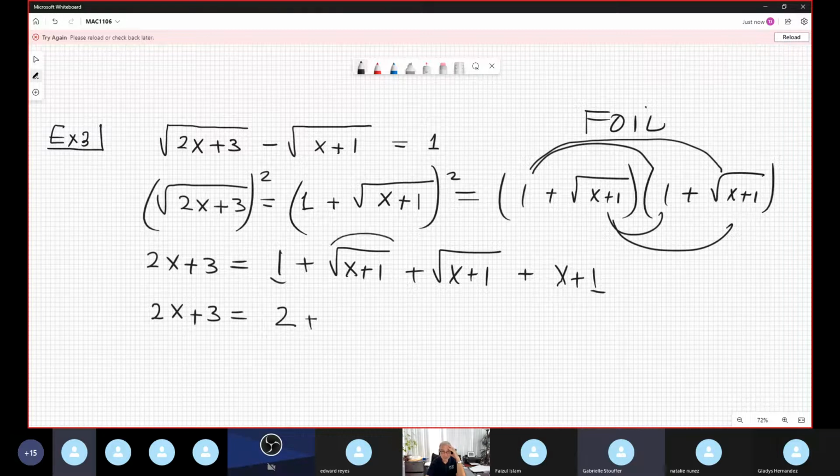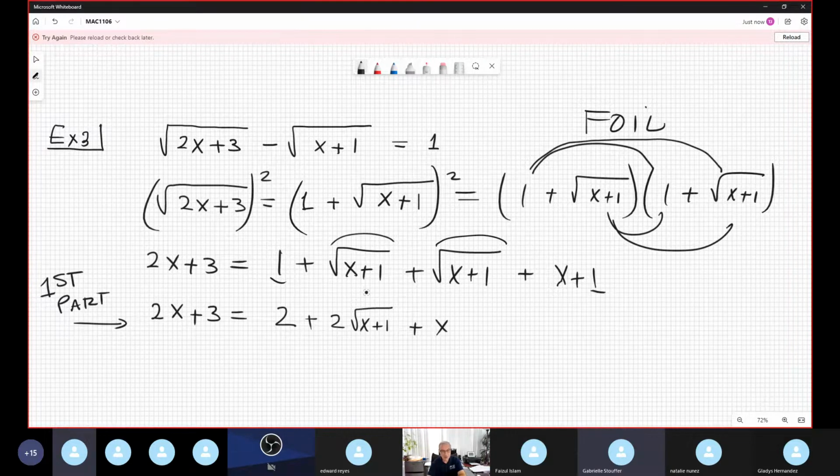There is no reason to have this radical and this radical separately because it's twice the radical of x plus 1. You combine later plus x. Okay, I finish the first part, the first stage in which you eliminate at least one radical.